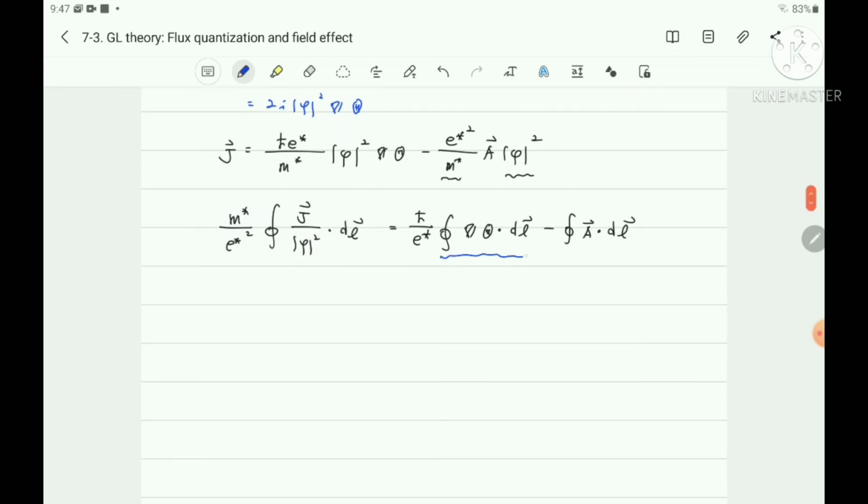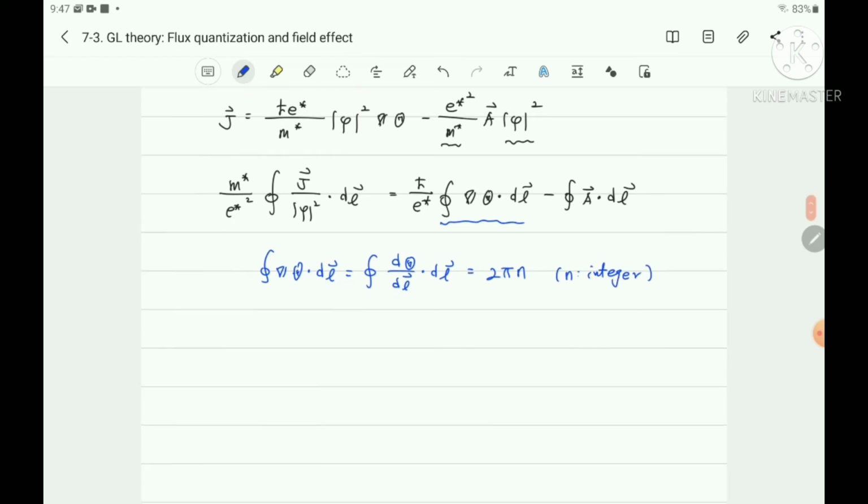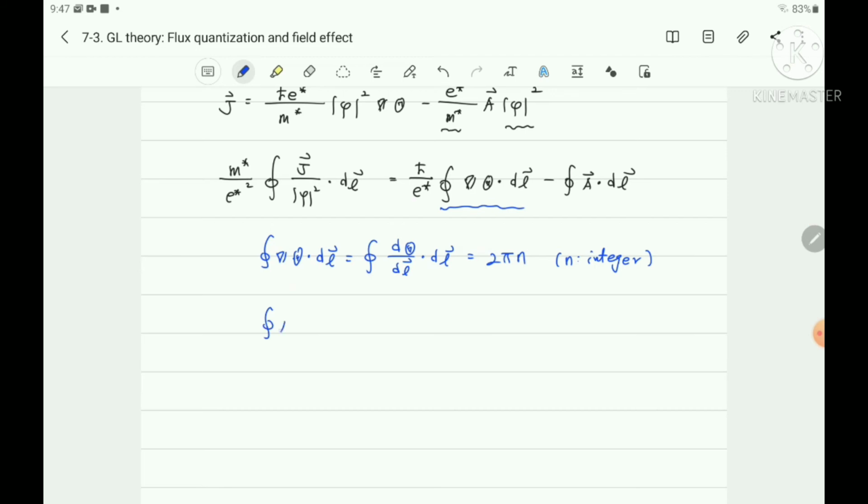From this, the line integral of ∇θ dot dl is the line integral of dθ, which is 2πn, where n is an integer. The line integral of A dot dl, from the divergence theorem, becomes a surface integral of B dot dS, which is the magnetic flux.